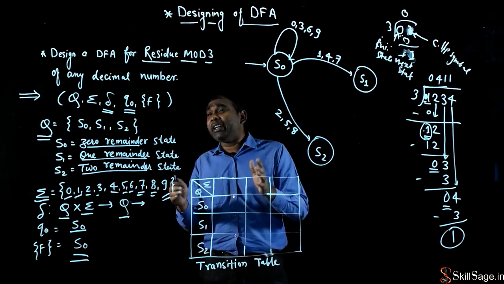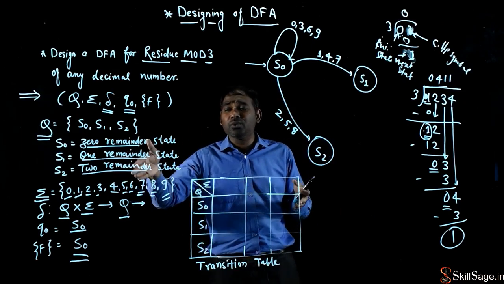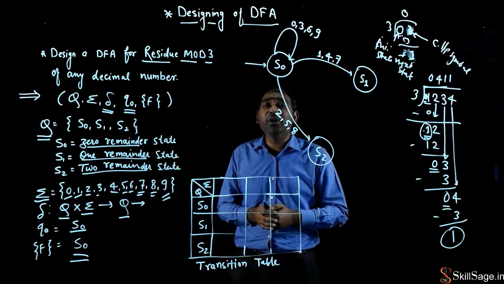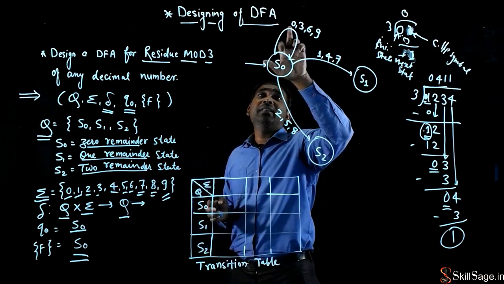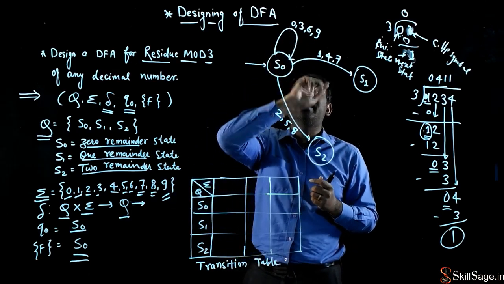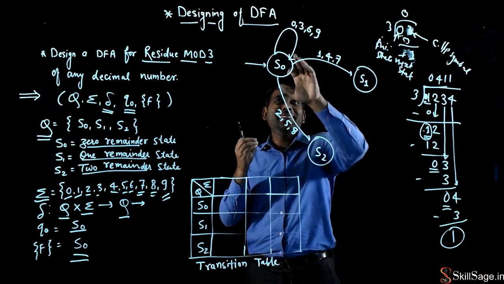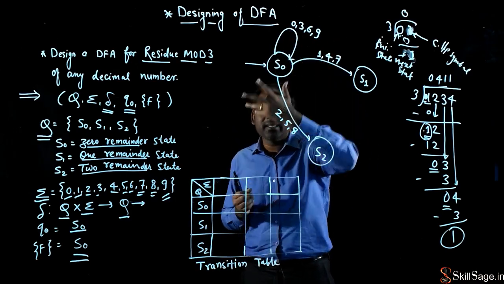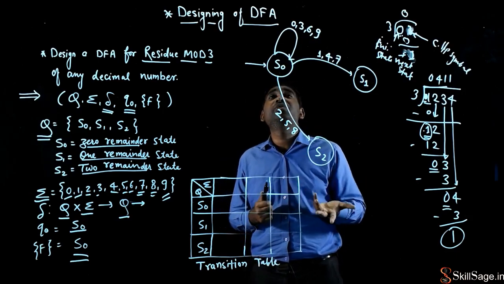Now instead of considering every individual transition, for 0, 1, 2 separately, we form subgroups. This is one group from 0 to 9: 0, 3, 6 and 9. This is one set of numbers where, if any of these numbers gets divided by 3, I am going to get the same remainder, and that remainder is what?